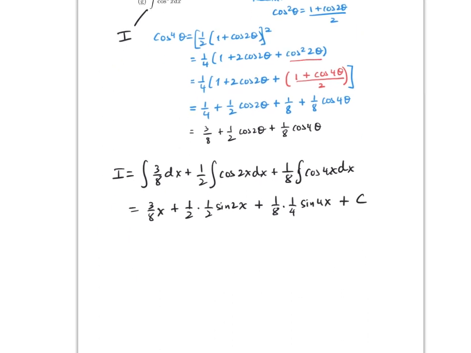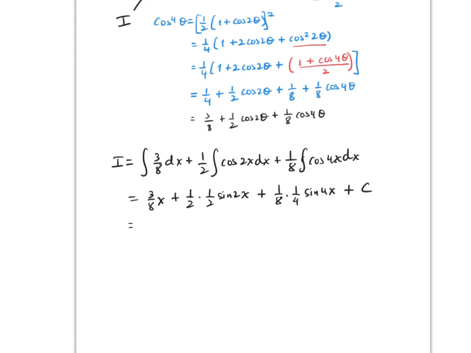And then you can just simplify this more. So this is 3/8 x plus 1/4 sine 2x plus 1/32 sine 4x plus c. Now, depending on what the question is asking, you may be able to simplify this more like we did in the previous problems, but since they're not asking you more than this, this is good enough.